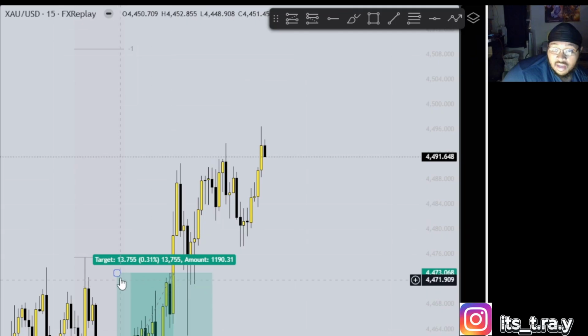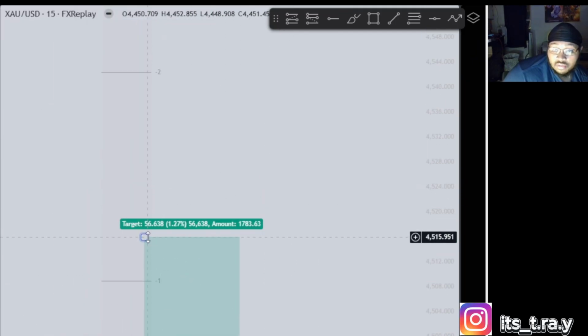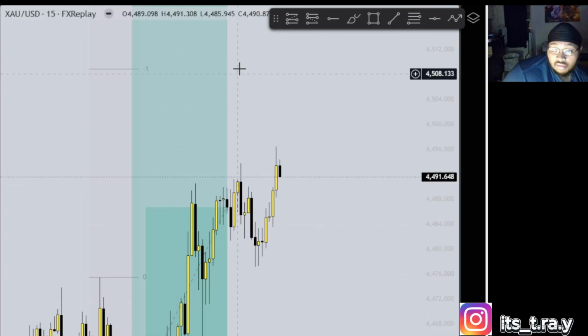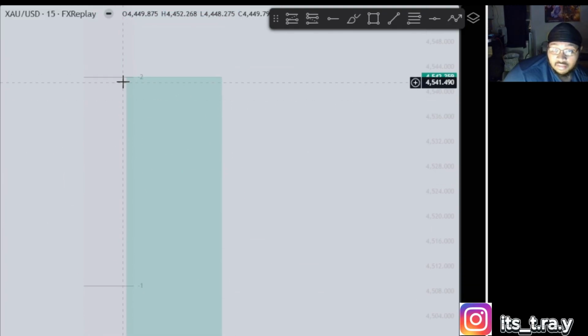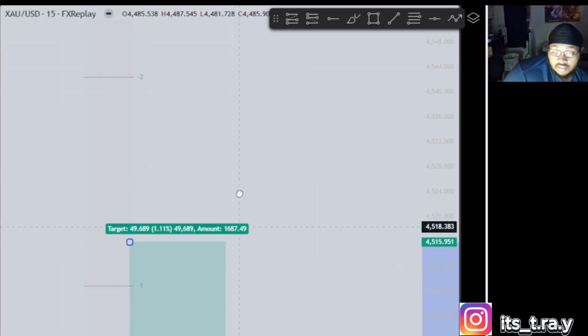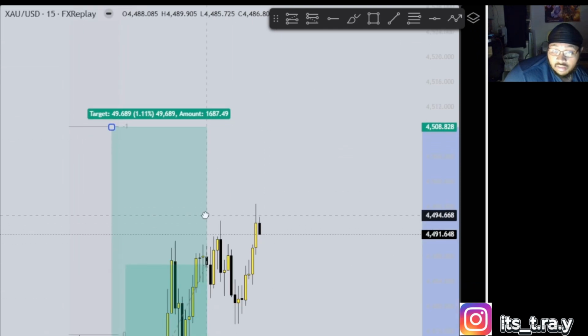So typically I'll try to target the -2. But this one right here is pretty high, I ain't gonna lie. So using some discretion, some ability to think for myself, I'll typically choose this since this is a more likely area for price to hit.